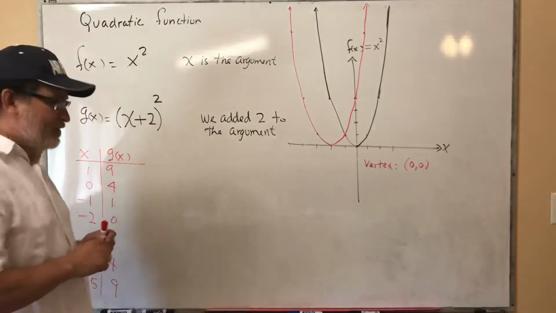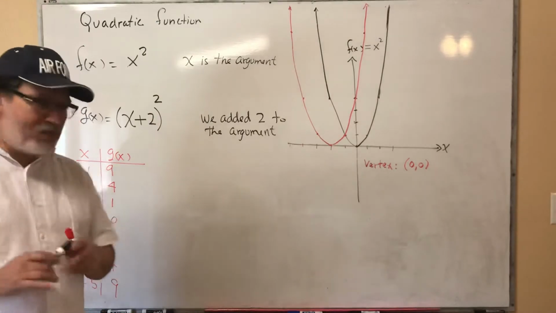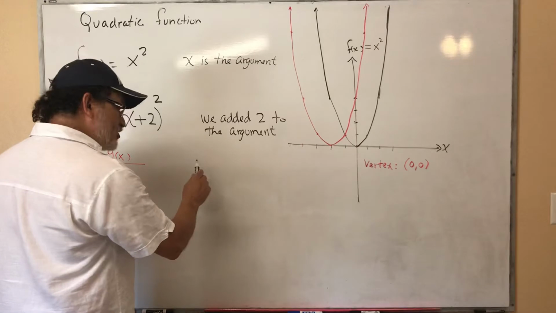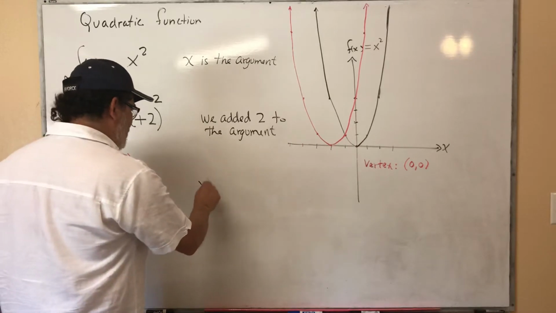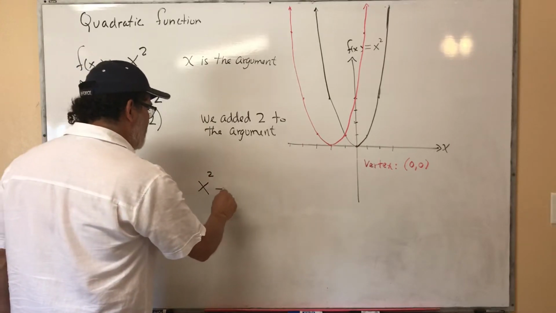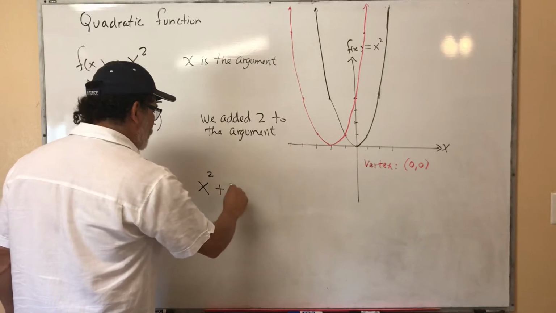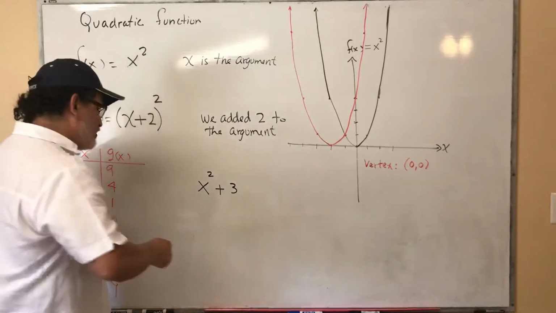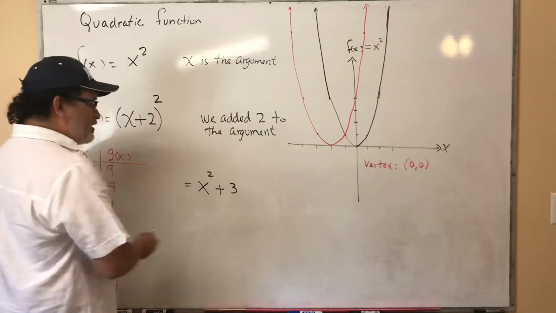Now that's adding to the argument. Here is another one. Watch this one. Here's another function: x squared plus 3. What should we call this?